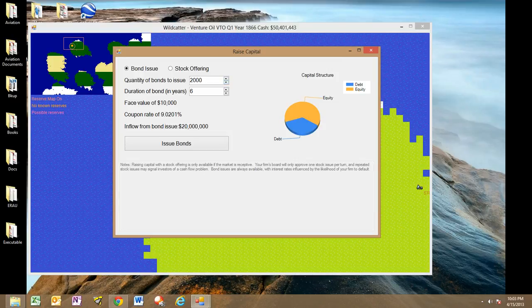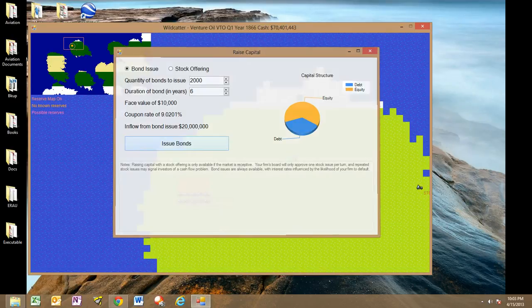I have 2,000 bonds that I'm issuing, and the inflow from issuing 2,000 bonds is going to be 20 million. You can also see over here on the right-hand side that the capital structure changes dynamically as I set this up. But it doesn't issue the bonds until I actually hit the issue bond button. So I'm going to issue these bonds and receive this cash inflow.